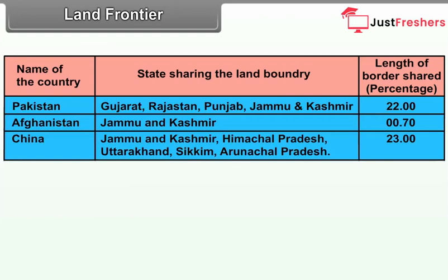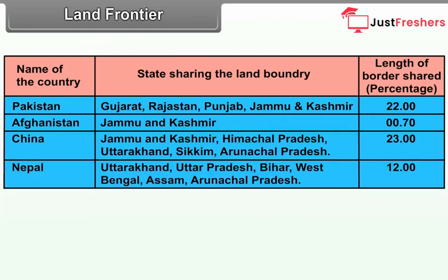China: Jammu and Kashmir, Himachal Pradesh, Uttarakhand, Sikkim, Arunachal Pradesh, 23%. Nepal: Uttarakhand, Uttar Pradesh, Bihar, West Bengal, Sikkim, 12%.